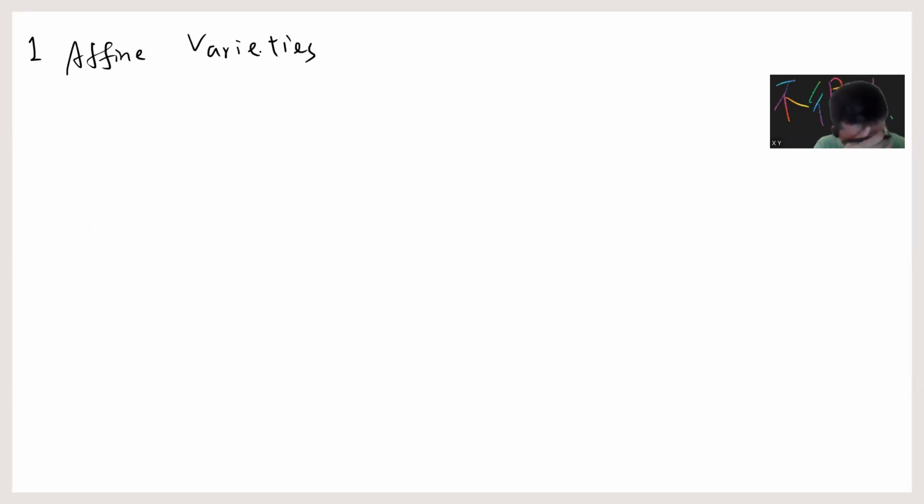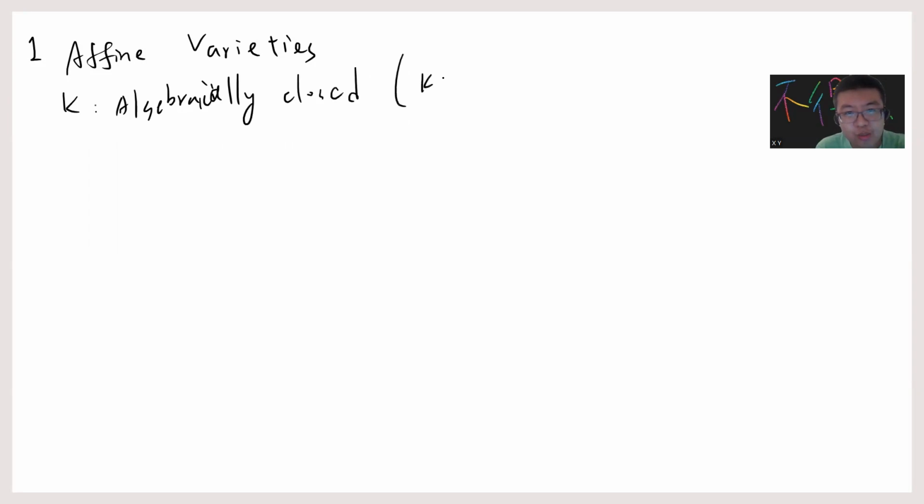So the idea is very simple. You start from K, which is algebraically closed. Usually an example would be to choose K to be the complex numbers, and then you can define K^n, which is usually called affine space.